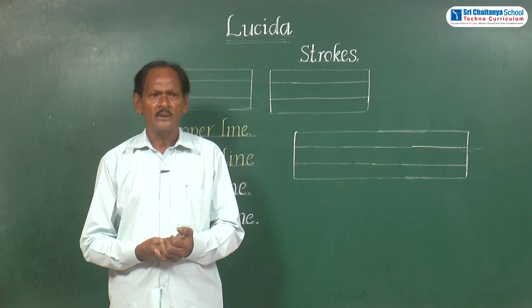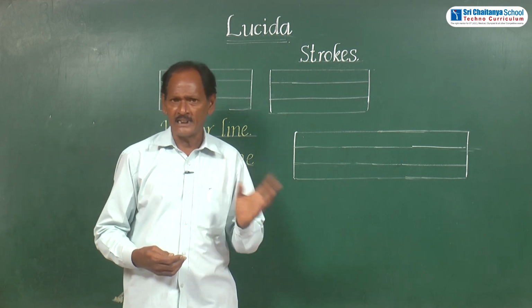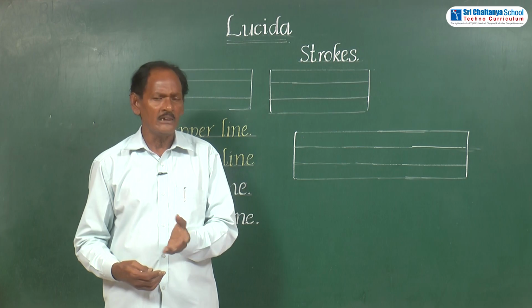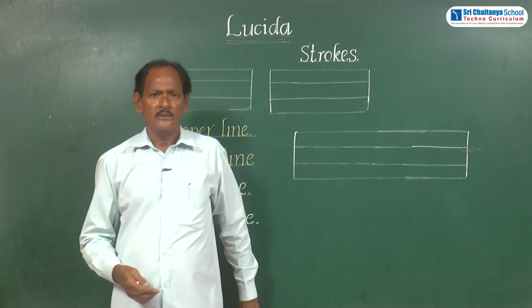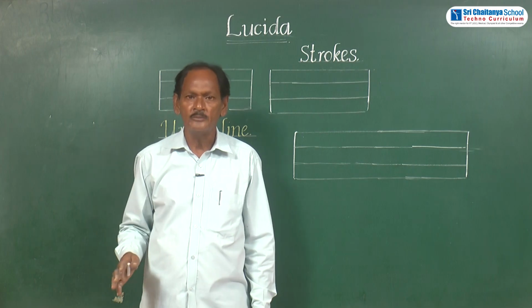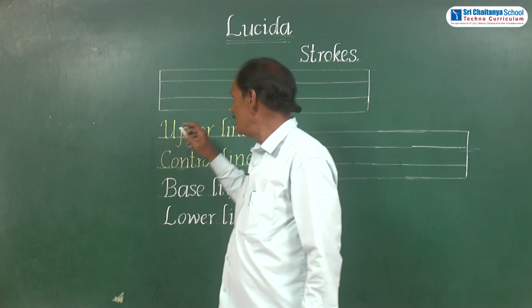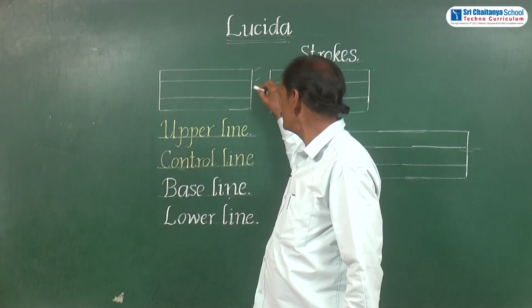Handwriting, any type of handwriting, either it is cursive or Lucida or split handwriting, whichever it may be, is generally written in 4 lines.